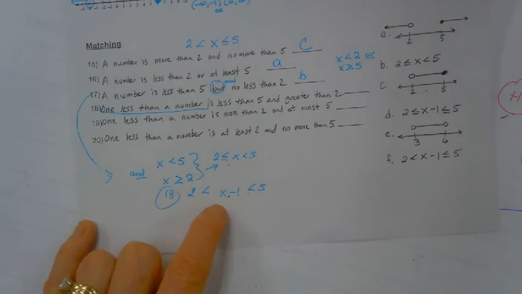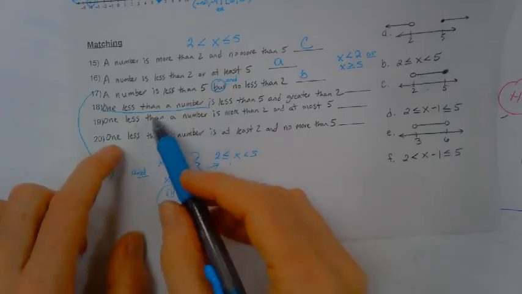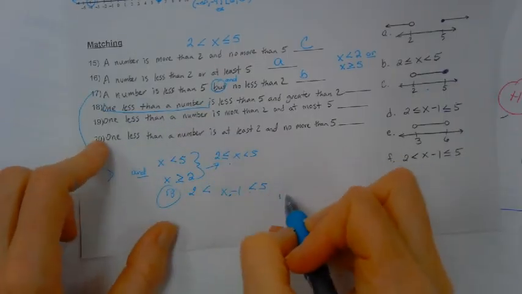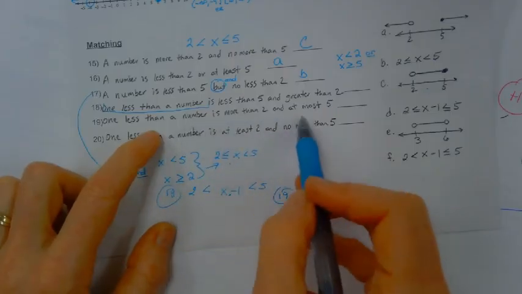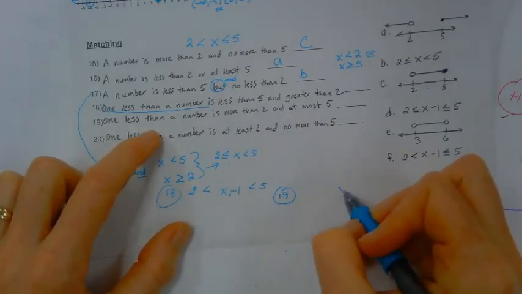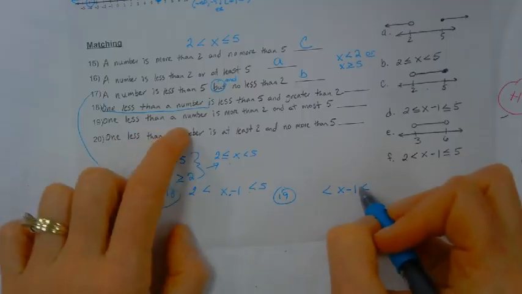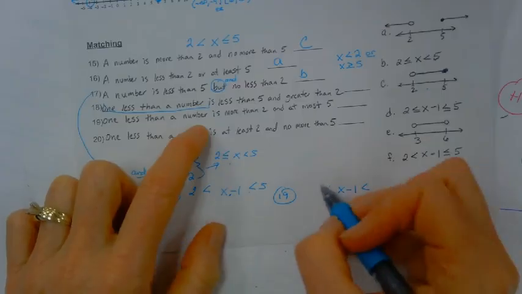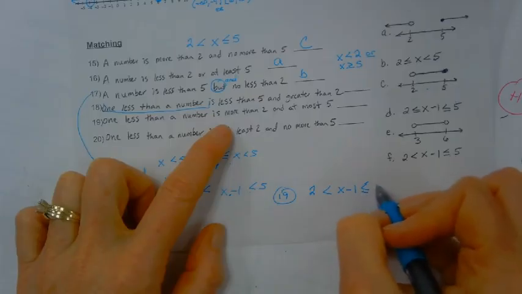Okay, so 1 less than a number, so let's do 19. 1 less than a number is more than 2 and at most 5. So 1 less than a number, this is going to be an and. And at most 5. So it could be equal to 5, but it can't be any greater than that. So this one does have an answer.